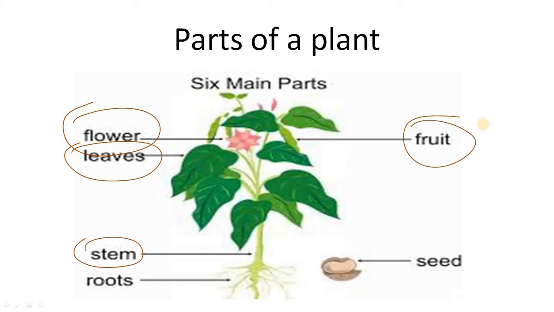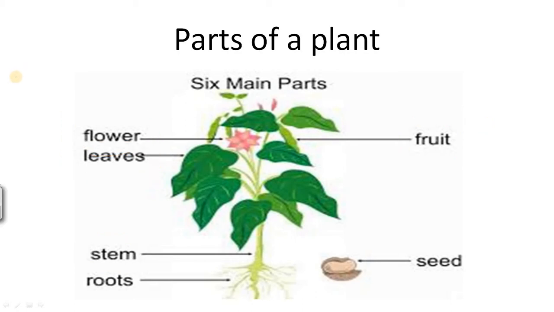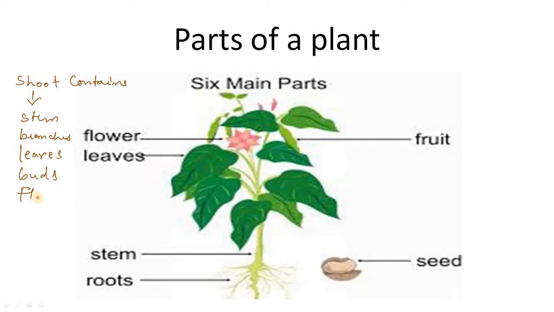Then the shoot consists of stem, branches, leaves, buds, flowers and fruits.